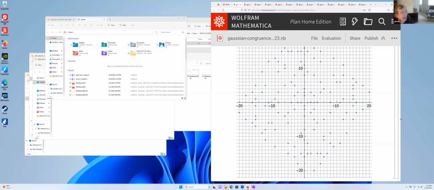I'm just trying to state that theorem in a precise way that will match with the pictures.